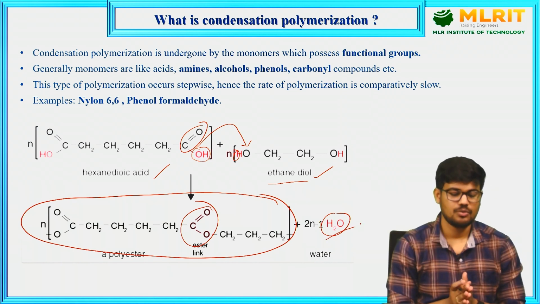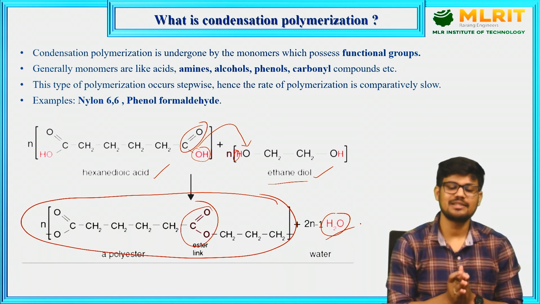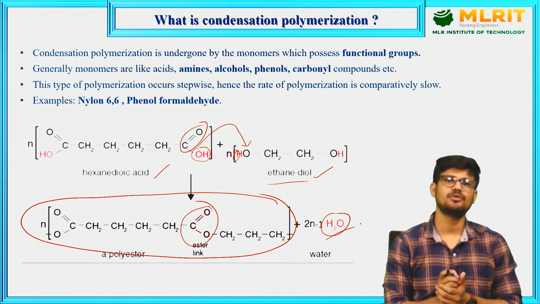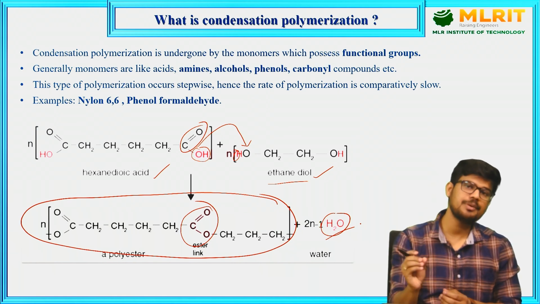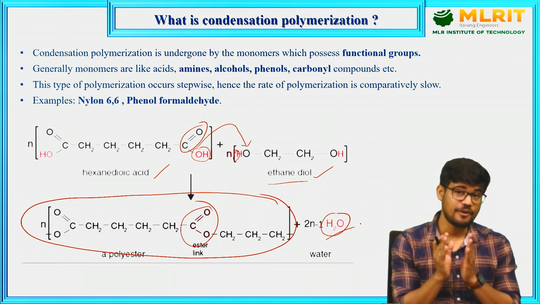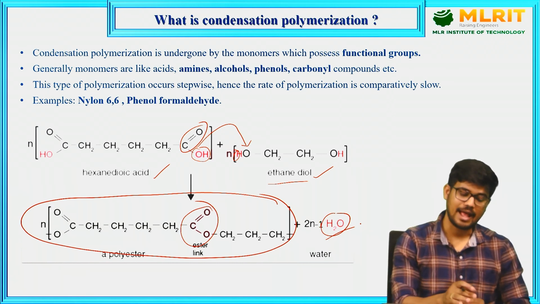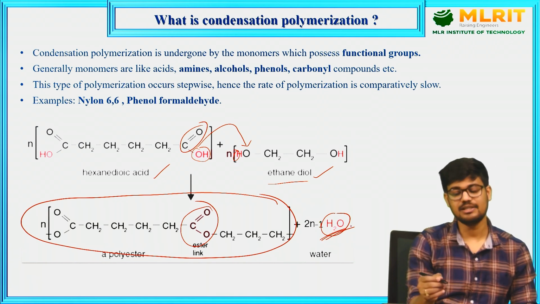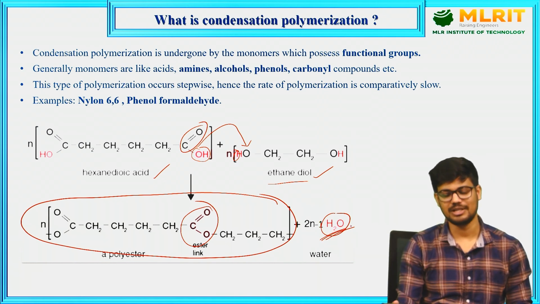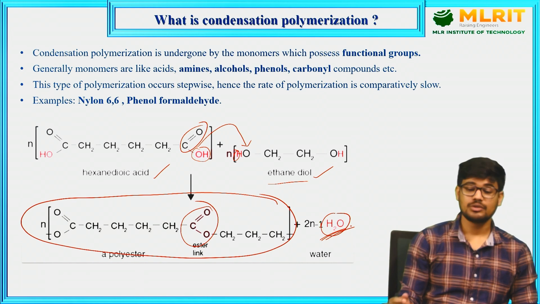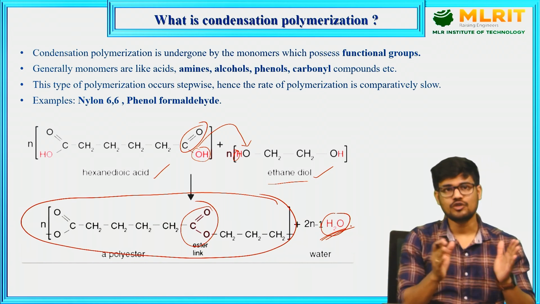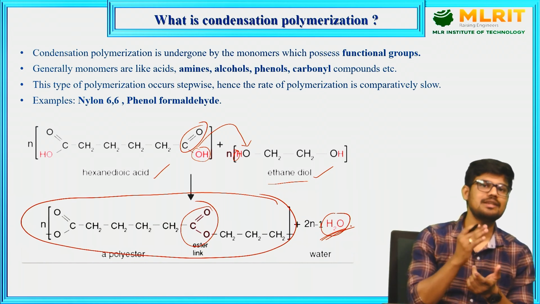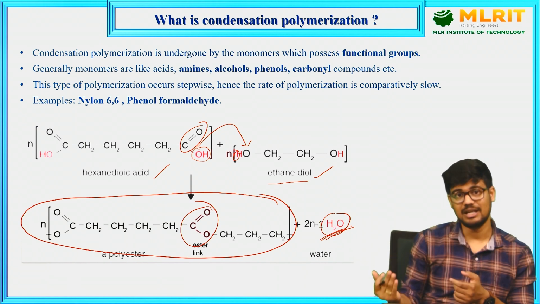So in this condensation polymerization, the role of the functional group is that the functional group participates and forms the ester link, and we get water as a side product. Whenever we have lots of examples, how will we understand what are addition polymers and what are condensation polymers?